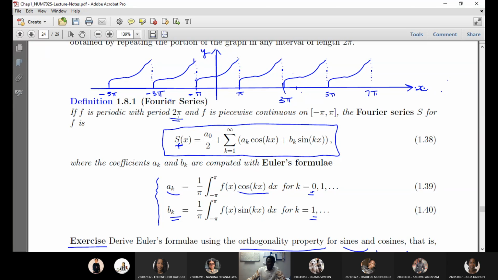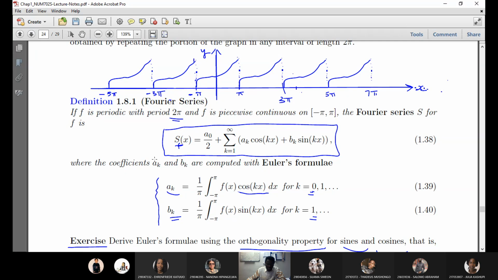Here you see f does not appear explicitly in the formula, but it will appear in your A0, AK, and BK. So the function f you are trying to expand in terms of Fourier series will appear here.